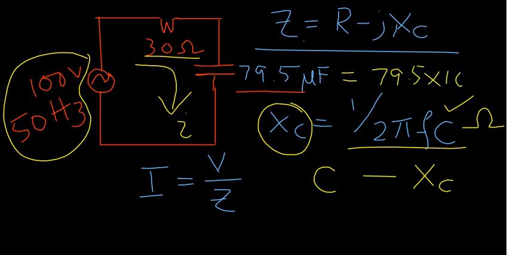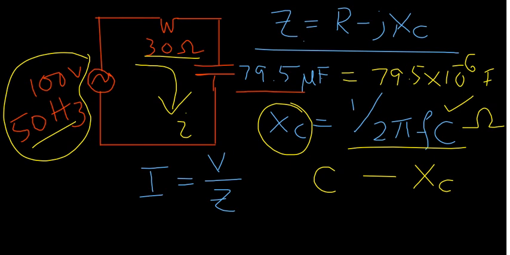This also you are supposed to remember, 79.5 into 10 to the power of minus 6 farad. F is given to be 50 hertz, as you can see here. Then you have to substitute the value in Xc equals 1 divided by 2 pi Fc.